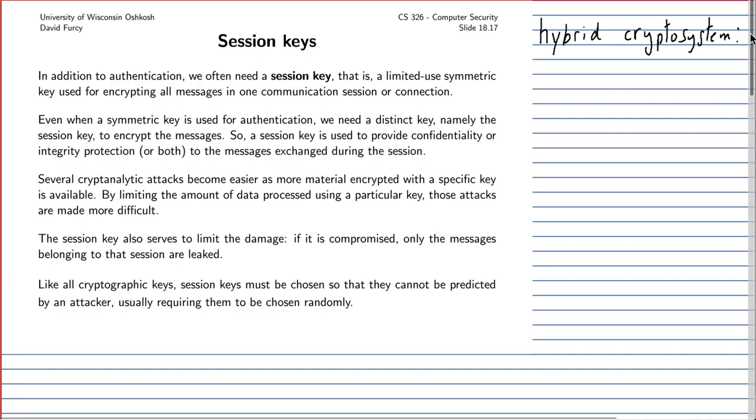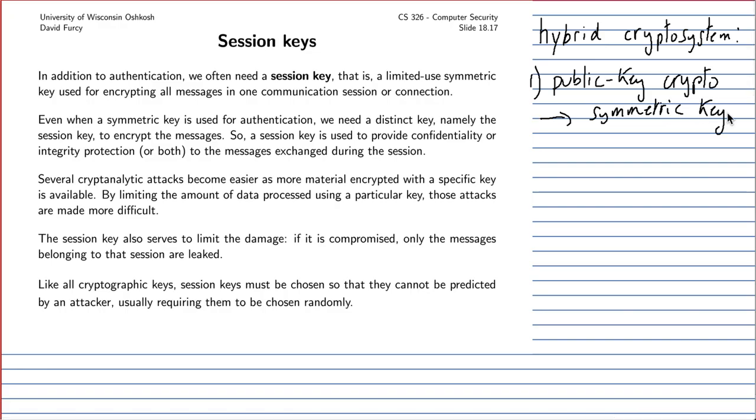So a hybrid system has two steps. In a first step, we use public key cryptography to establish a symmetric key. A standard example of that is the Diffie-Hellman algorithm, where we use public key cryptography so that at the end of the protocol, the two parties have a shared symmetric key that nobody else can discover.